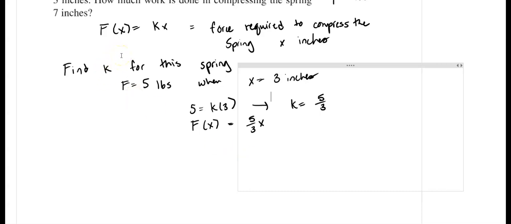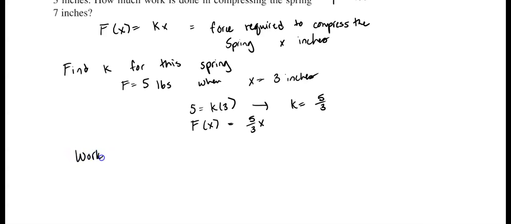So now that we have our function set up, we know that work is the integral from a to b of f of x dx. For this problem, we want to go from 0 inches compressed to 7 inches compressed. So this is going to be the integral from 0 to 7 of 5/3 x dx, because 5/3 x is our f of x. So we just need to integrate this.